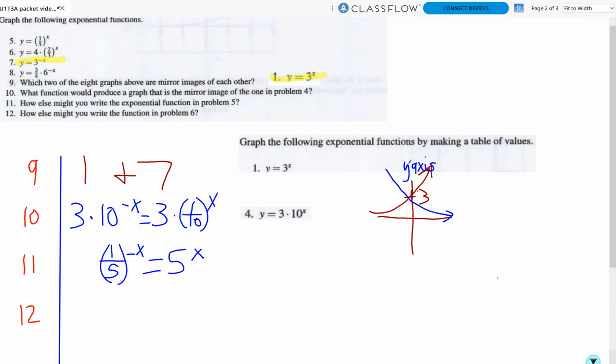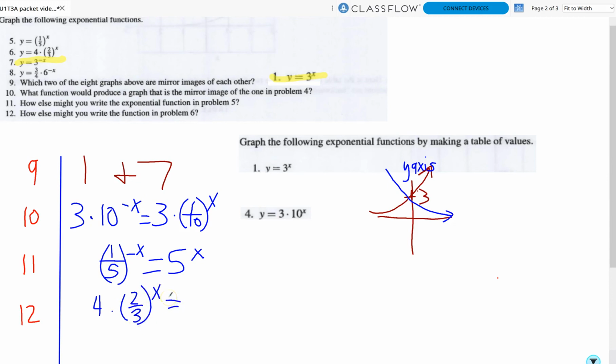Last one, number 12. How might you write the function in problem 6? Problem 6 looks like this. 4 times 2/3, which is our decay factor, to the x power.